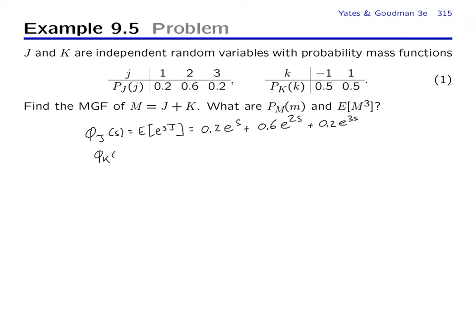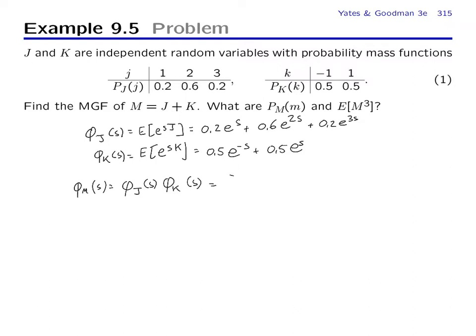And phi k of s is the expected value of e to the sk, and it's equal to 0.5 times e to the minus s plus 0.5 times e to the s. And now the moment generating function of m, which is the sum of j plus k when they're independent, is equal to phi j of s times phi k of s, the product of the moment generating functions.